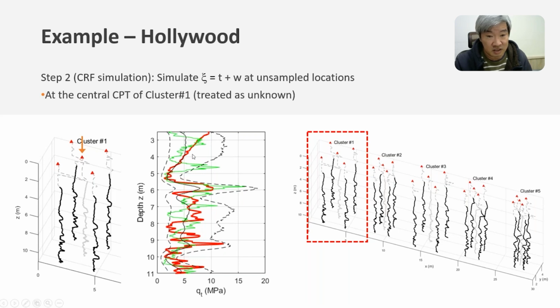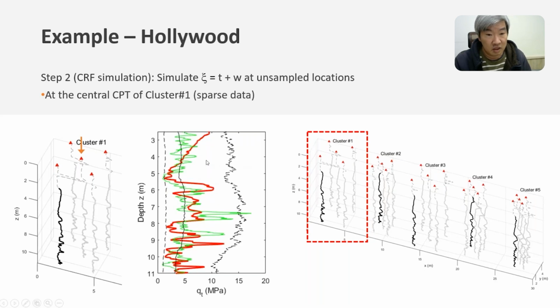As you can see, the chance that this red curve is contained within the 95% confidence interval is indeed close to 95%. You see there are some locations where the red line is outside the 95% confidence interval, but the chance is small.